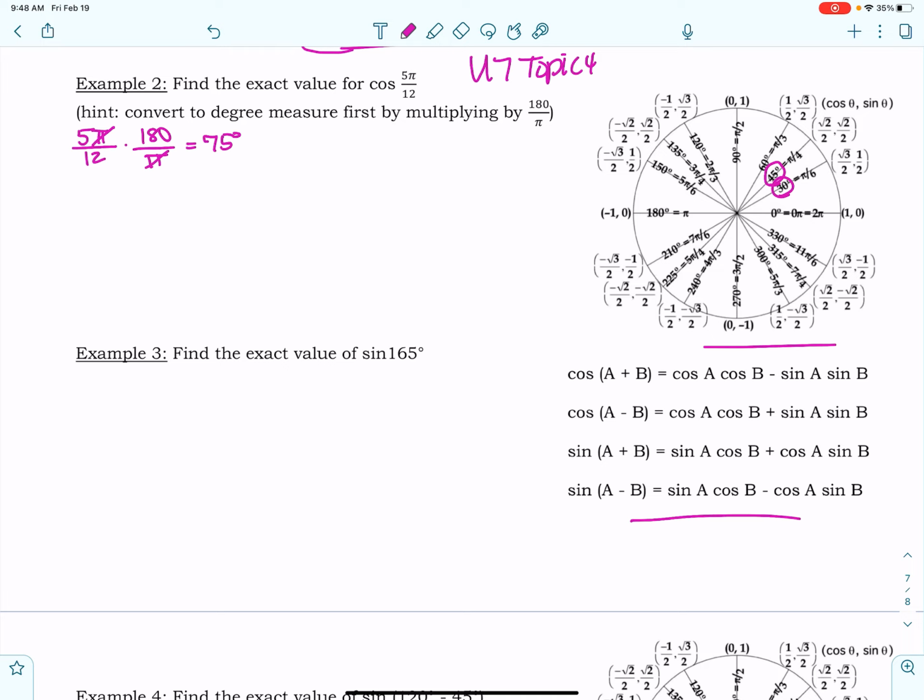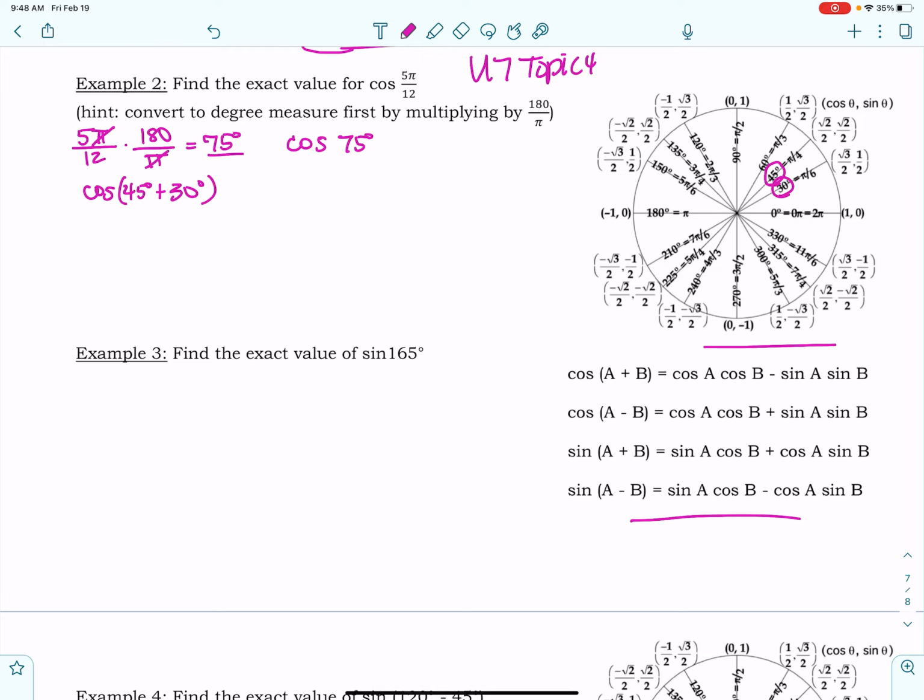So I've got this changed now to 75 degrees, so I am looking for the cosine of 75 degrees. And 45 and 30 will add nicely to give me, that's right, 75 degrees. So this means that I am going to change cosine 75 to cosine of 45 degrees plus 30 degrees.